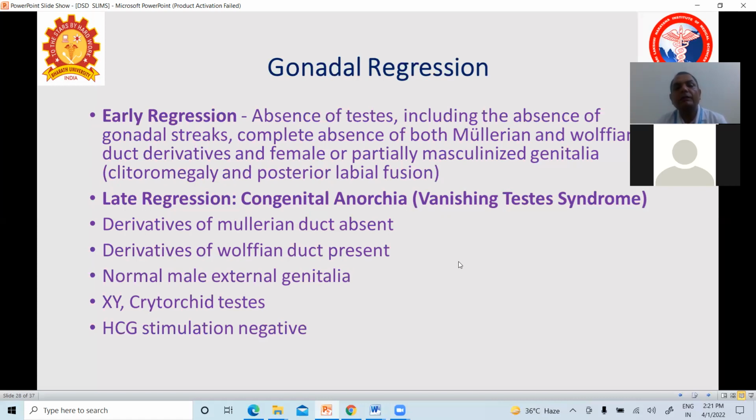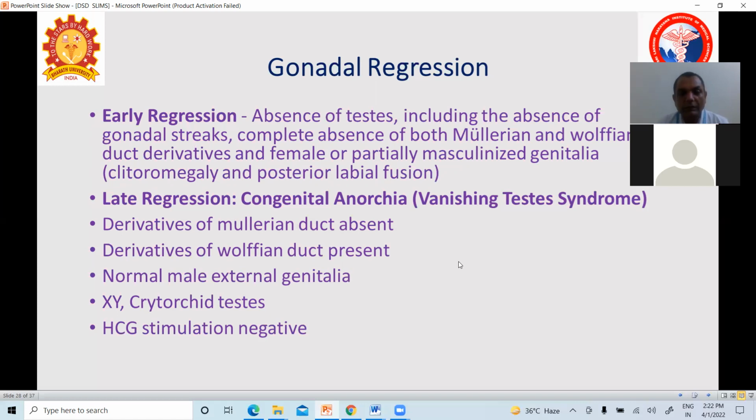So what happens during early embryonic life? The testis has disappeared, so it will not secrete testosterone. Either the gonads will be absent or a streak gonad will develop. But by the time the testes disappeared, they might have secreted anti-Mullerian hormone, and this might have suppressed the Mullerian structures.